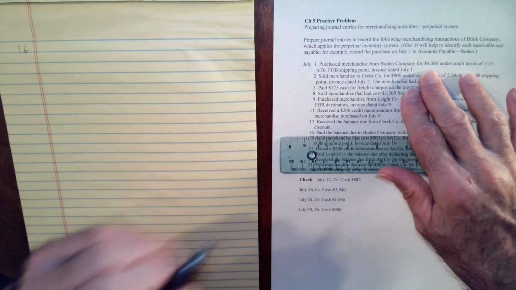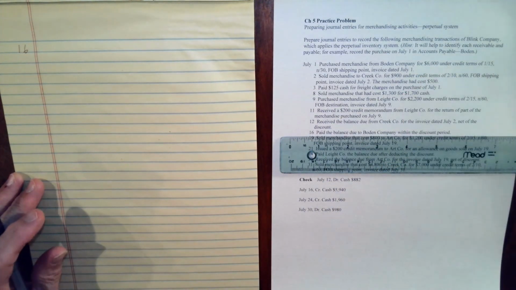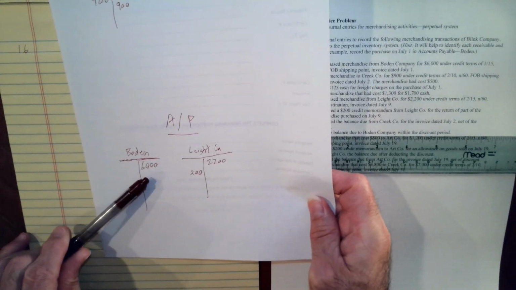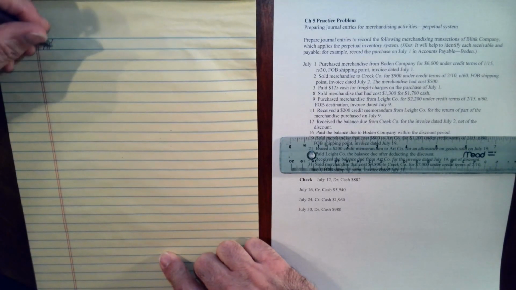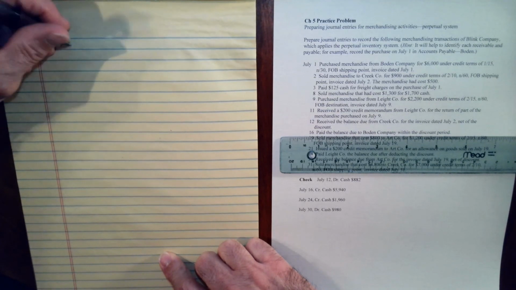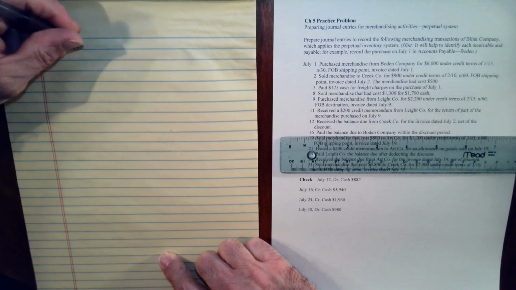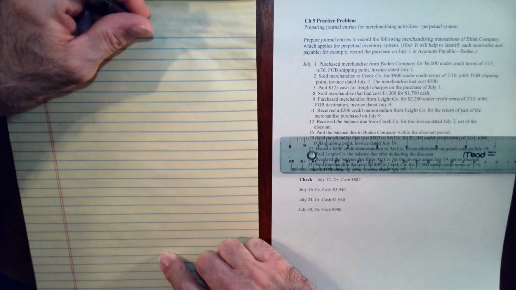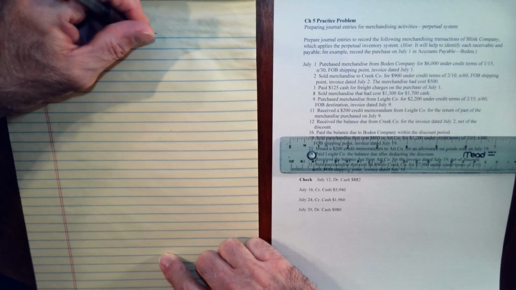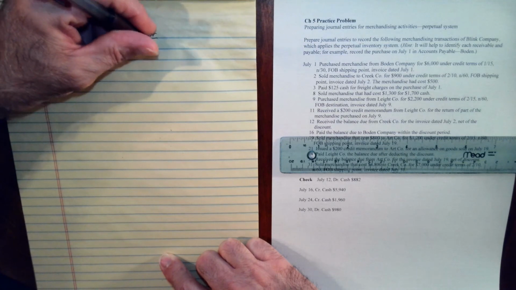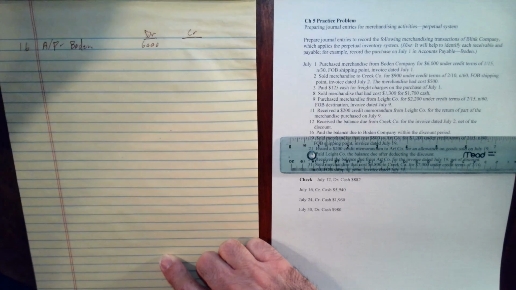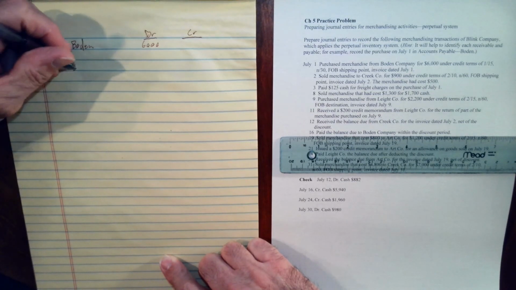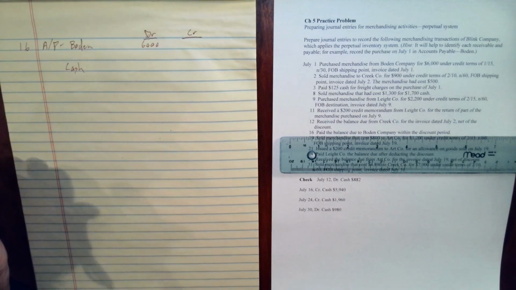Okay, so now I had an outstanding credit balance to Bowden Company on my accounts payable, so I'm going to debit accounts payable to Bowden Company to erase that, and I am paying all $6,000, so that is going to be a debit for $6,000 to Bowden. I will wind up paying cash, so I'll do a credit to cash here, and it's going to be less than $6,000.